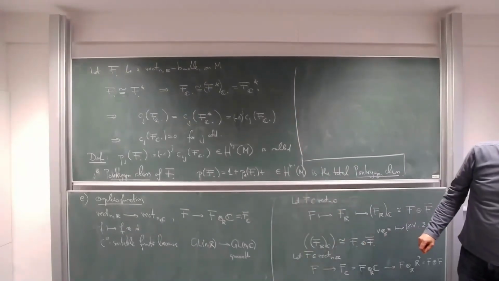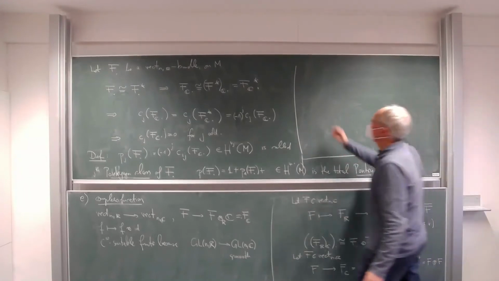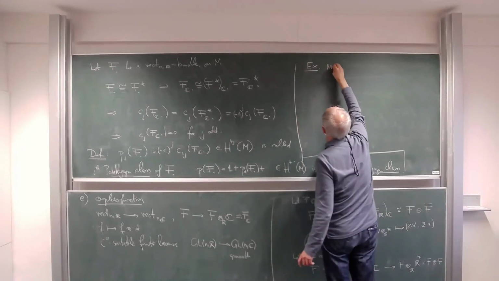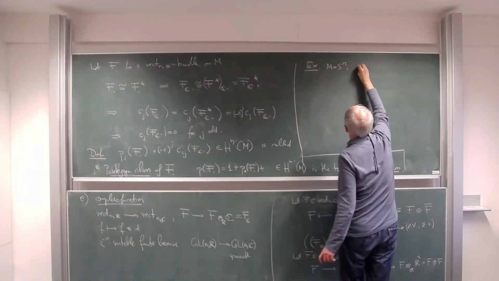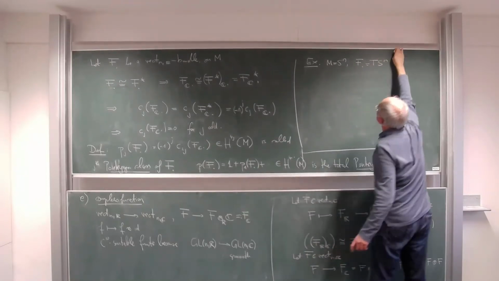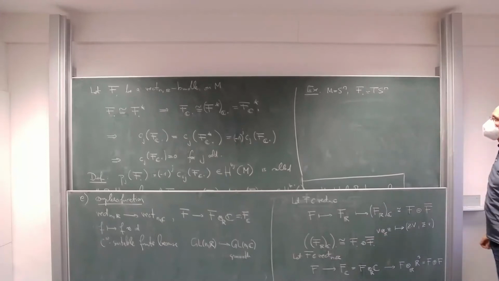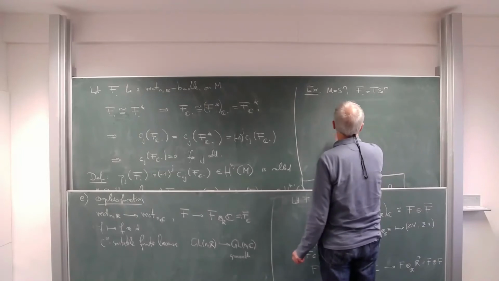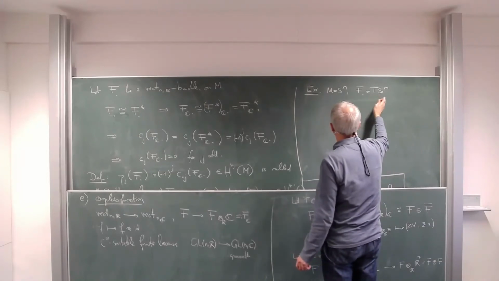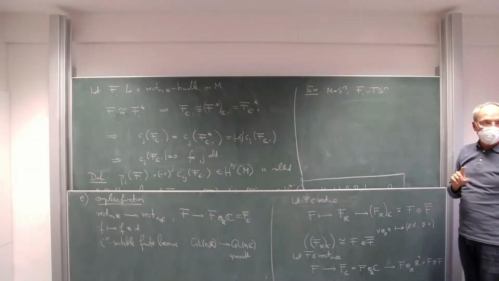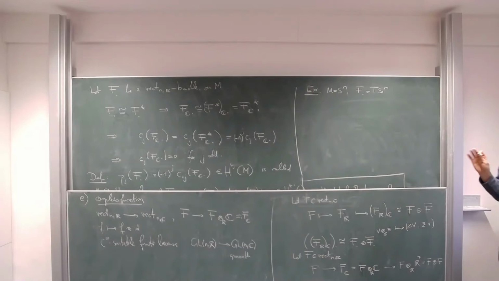And let's see some examples maybe. Example: if my manifold is S^n and my bundle is its tangent bundle, what is the Pontryagin class in this case? Well, there's probably not much interesting happening here, because you remember that the tangent bundle of the sphere is not in general trivial, but we don't know that yet.